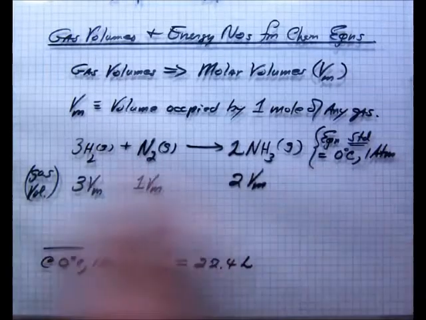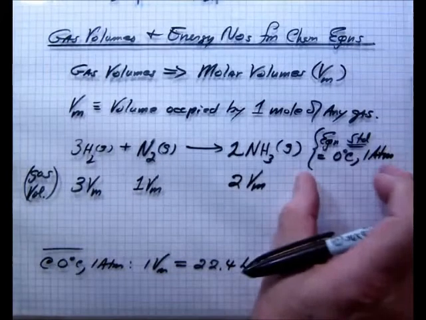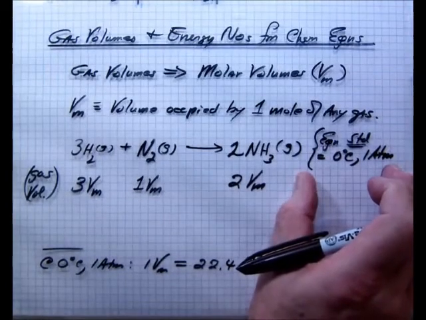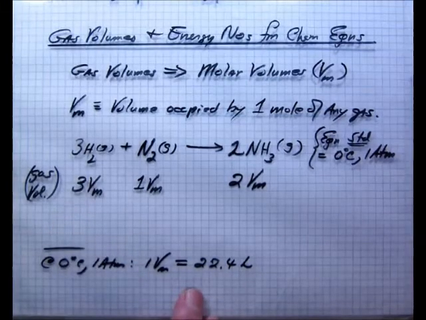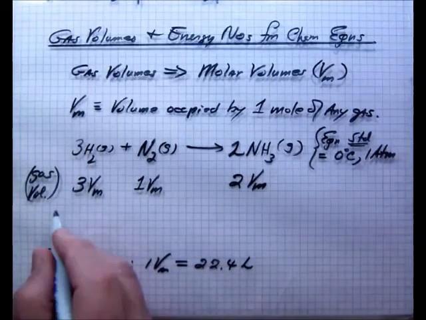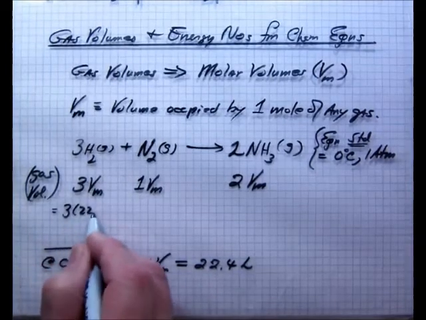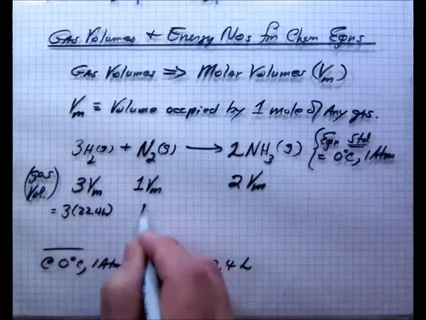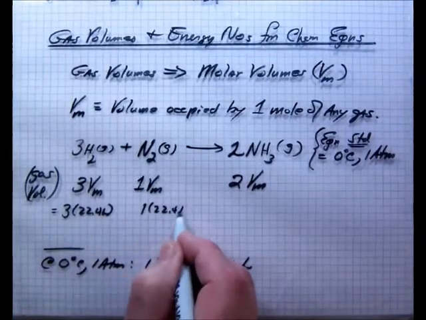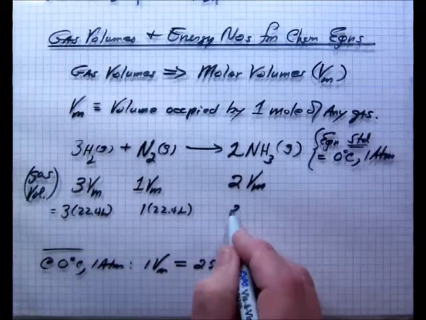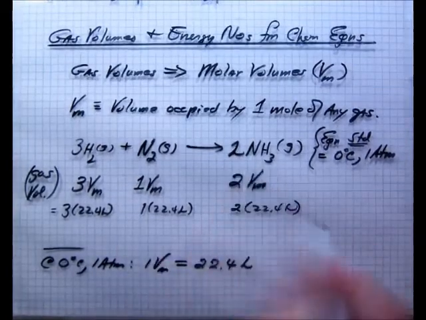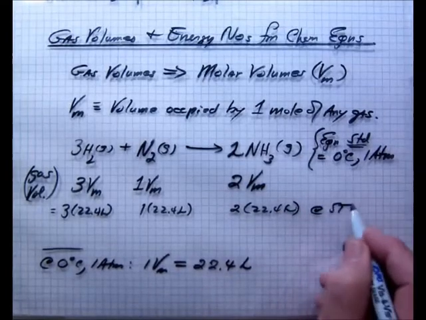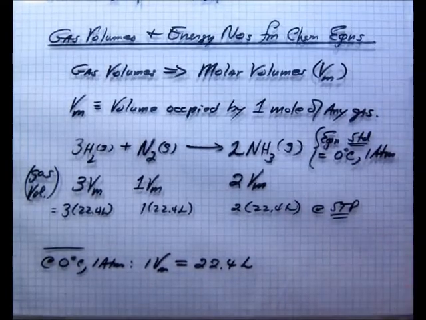So if I write the equation without specifying temperature conditions, and you need to determine the liter volume of it, then you would come in at 3 times 22.4 liters, 1 times 22.4 liters for the molecular nitrogen, and 2 times 22.4 liters for ammonia at STP, which is what it's called, standard temperature and pressure conditions.